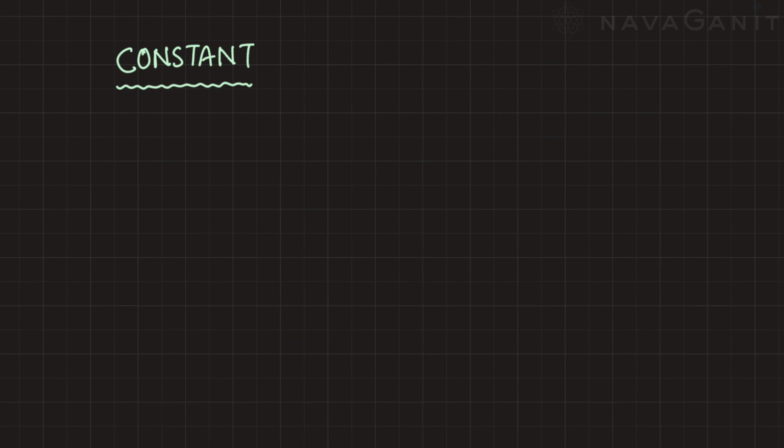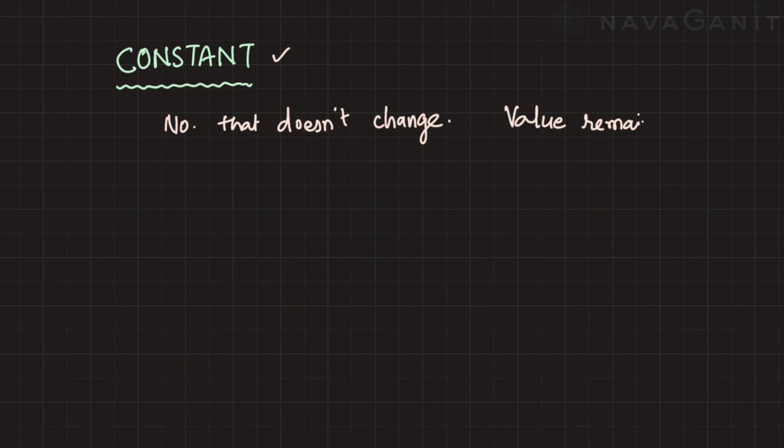Let us first understand the concept of a constant. A constant is a number that doesn't change. Its value remains the same no matter what.